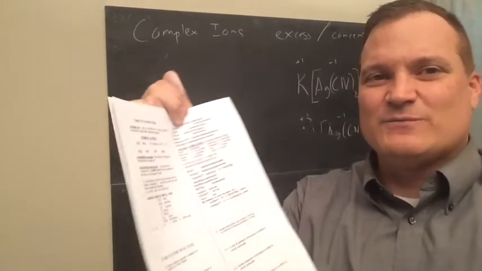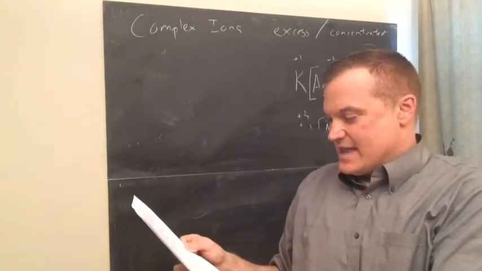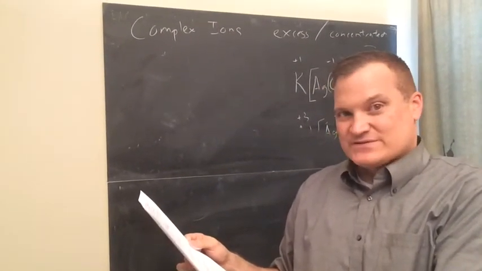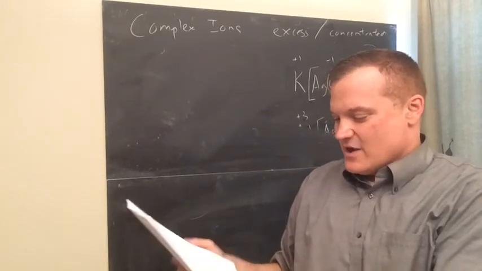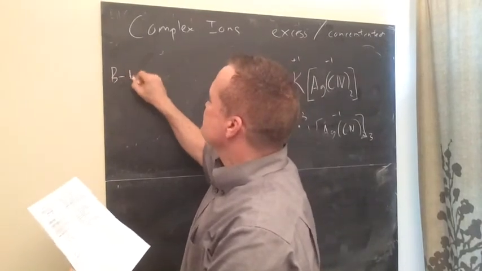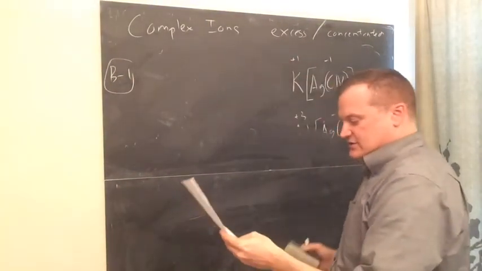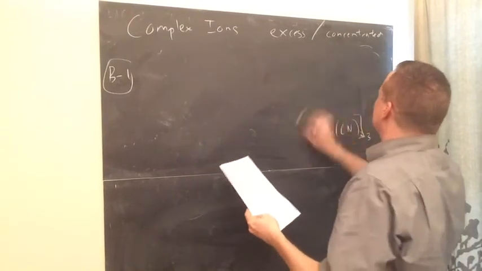Let me just try to show you a few more. This is not a long thing. It just takes a little bit of practice. Like letter A, I did that one for sodium cyanide. Letter B says, okay, here's a really good one. B1: excess concentrated ammonia solution is added to nickel 2 sulfate.